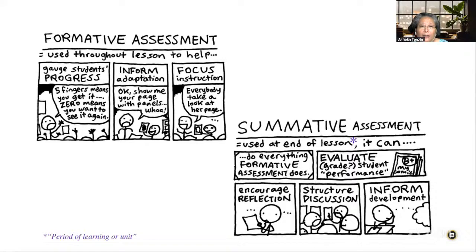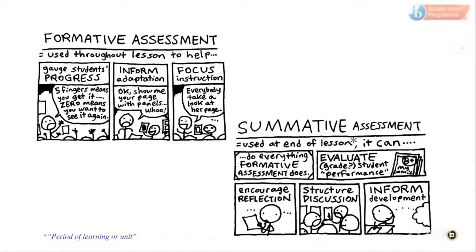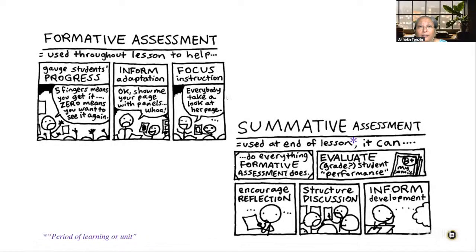It will let the teacher know whether they have to adapt or make changes to what they are teaching. If the students have not understood, then you will have to change what you are trying to teach. Formative assessment also helps in focusing instruction, so you can have focused instruction during formative assessment.